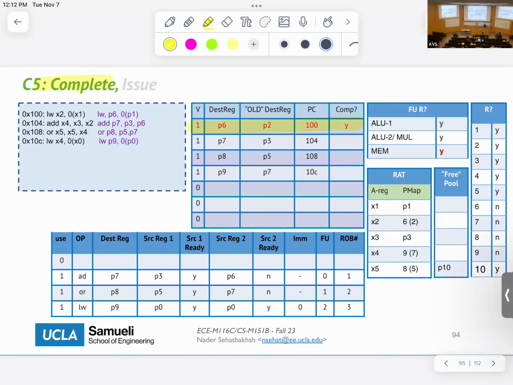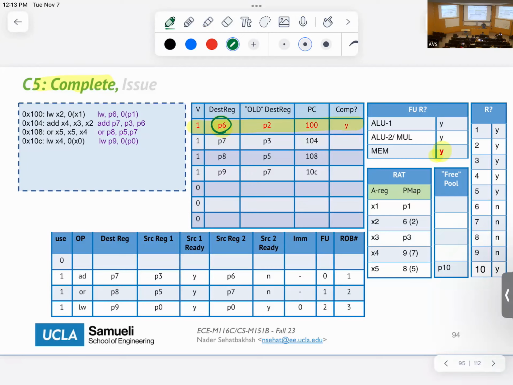Another important thing that happens is that, remember, my functional unit was not ready. Now it becomes ready because the instruction is no longer inside that functional unit. So this also becomes yes. And the destination register, this P6 here, can now become ready, because now I have the updated value for P6.